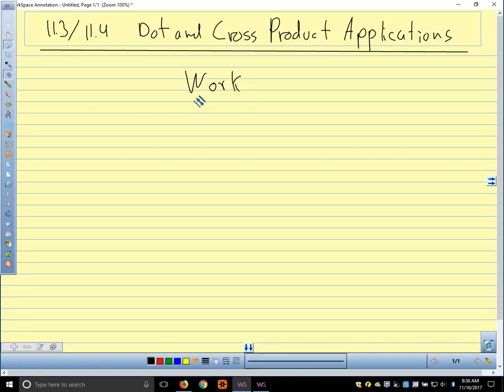So when we talked about work before, we were always working with force that was in the direction of motion.